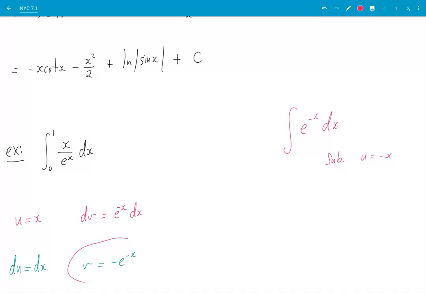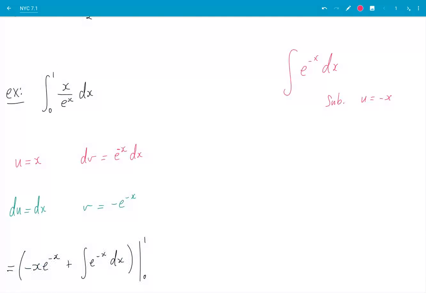If you're having trouble seeing why v equals this, I will move on. So I use my by parts formula. And what I'm going to do is put the 0 and the 1 out here. So I'm going to end up eventually with an antiderivative under my red squiggle here. And we'll have the 0 and the 1 outside, and that will be fine.